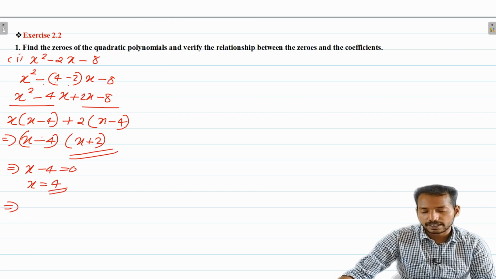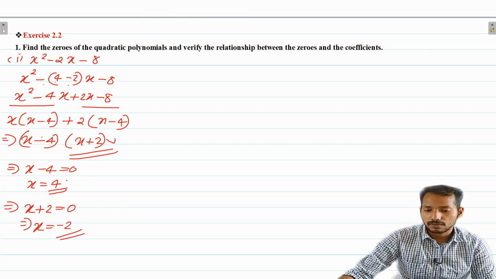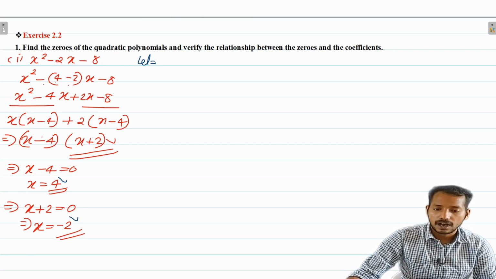Second possibility, x plus 2 is equal to 0, so x equals minus 2. So there are two zeros we have got: x equal to 4 and x equal to minus 2. So let alpha be equal to 4 and beta equal to minus 2.